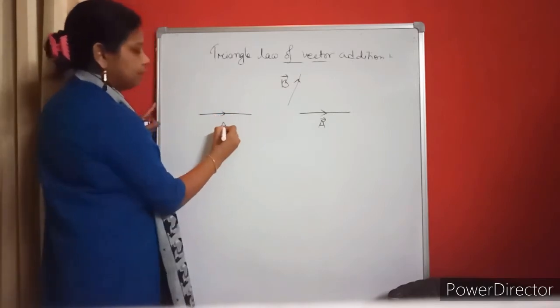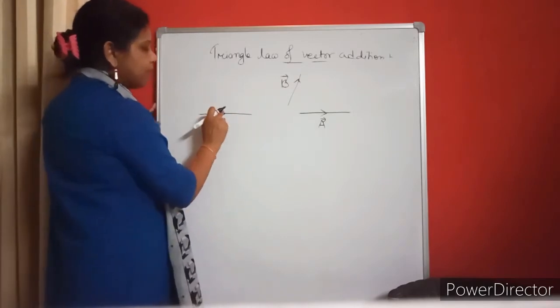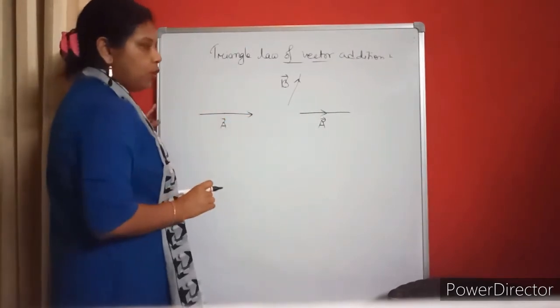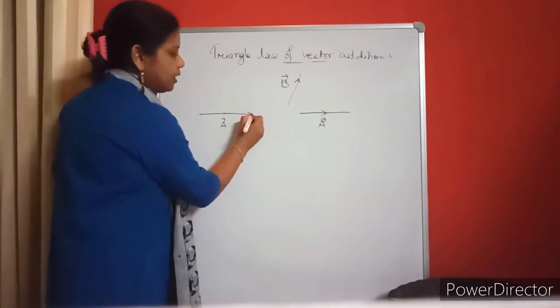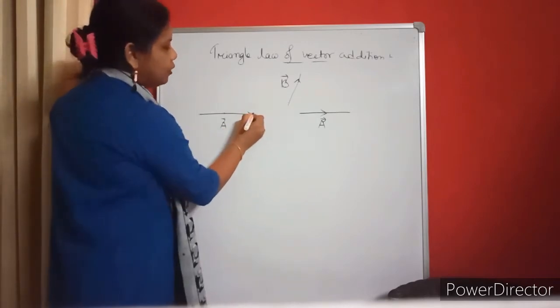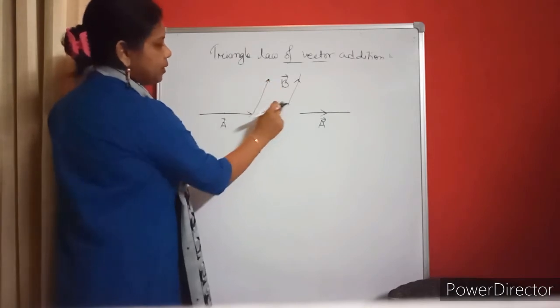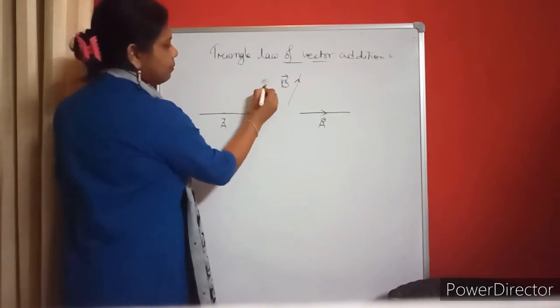So this is my A. This is the tip, meaning the arrow. At this particular point, parallel to B, I will draw a vector. If it is too long, I will make it shorter.